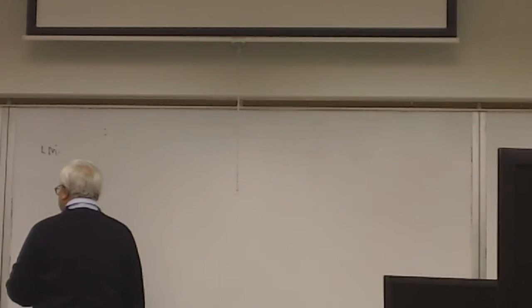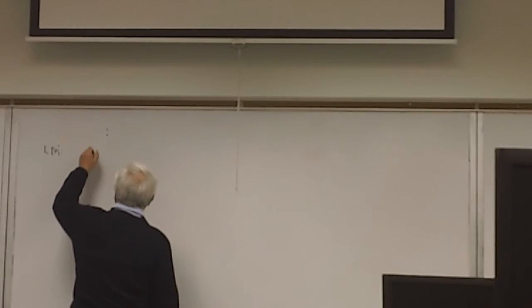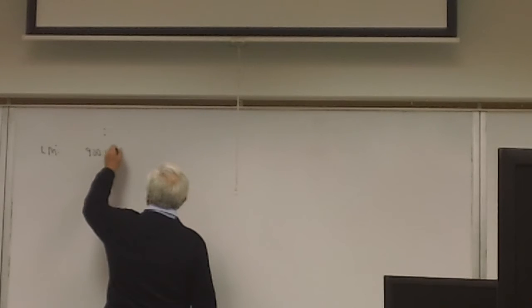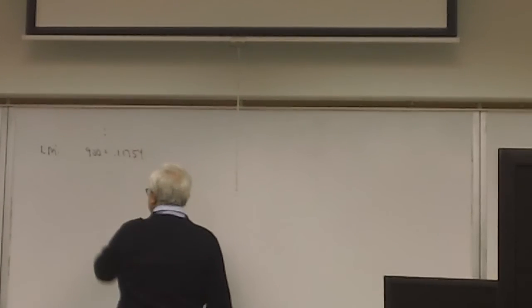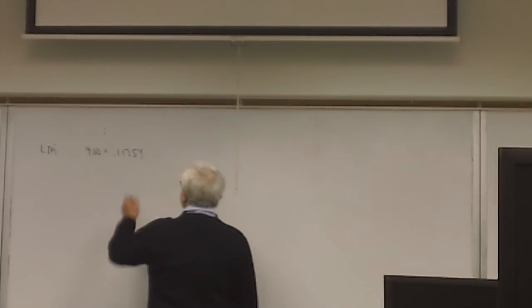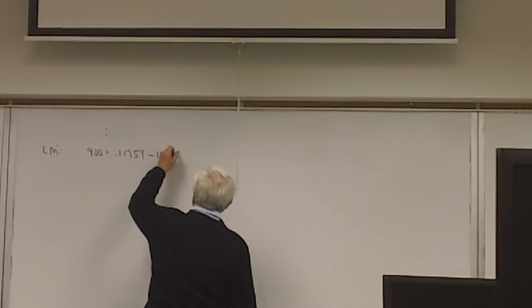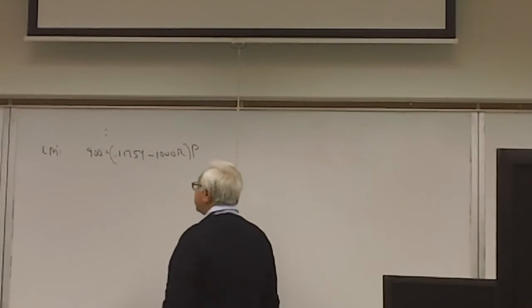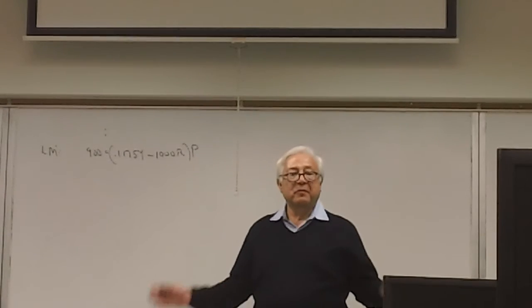We can algebraically see what happens when we put these together. Remember the LM curve started like this, with 900. And we had a P, but we said P was equal to 1, so we can just take it out.